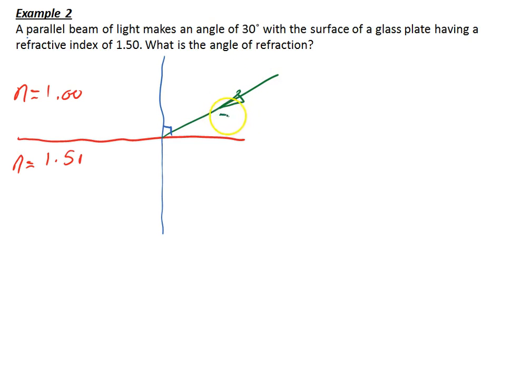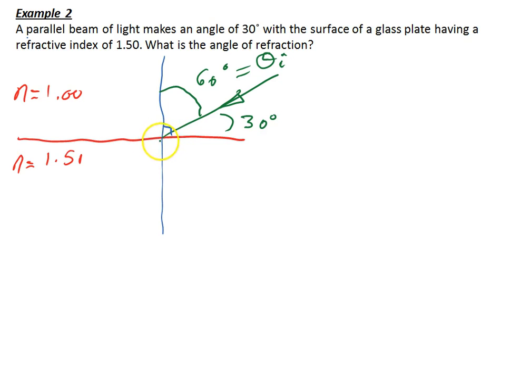If this angle is 30 degrees, then this angle must be 60 degrees, and this angle is equal to the angle of incidence, because in Snell's law the angles are related to the surface normal, not to the surface itself.